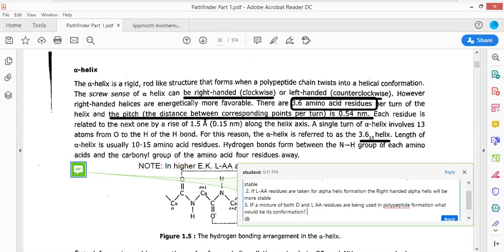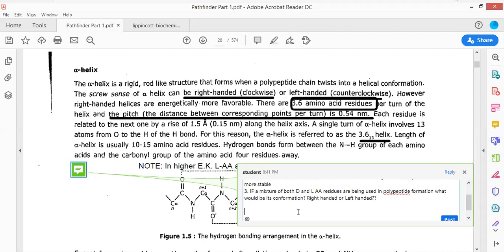That is, it would be right-handed or left-handed? Please answer. This was the question that was asked. So the correct answer is that such a type of polypeptide cannot assume any conformation. They will be unstable.